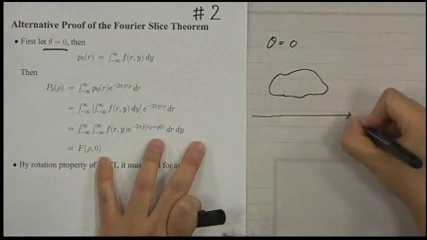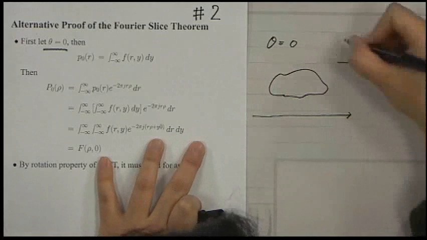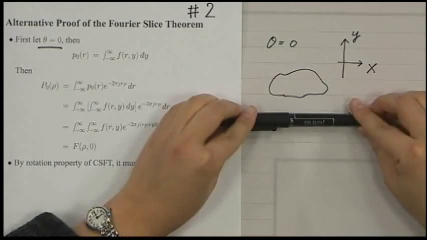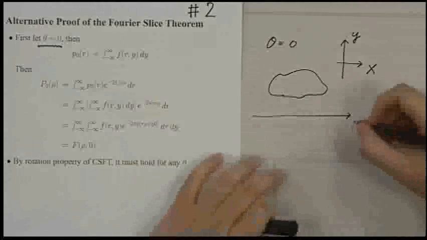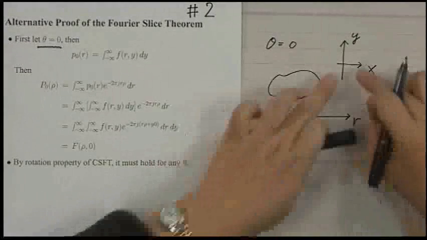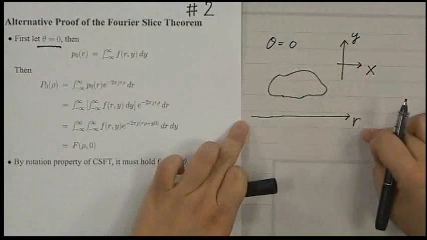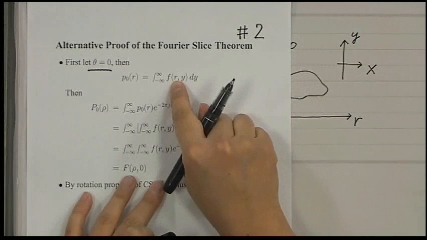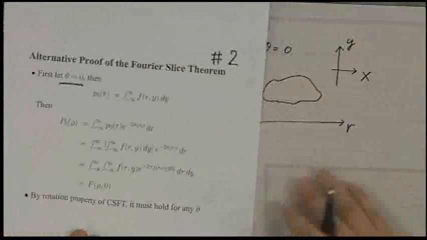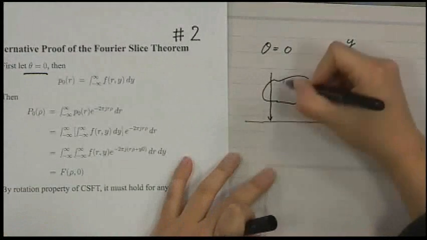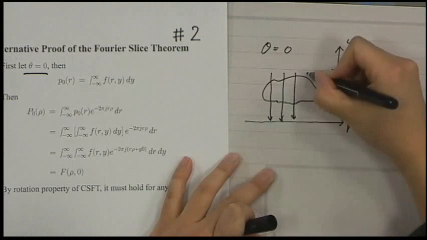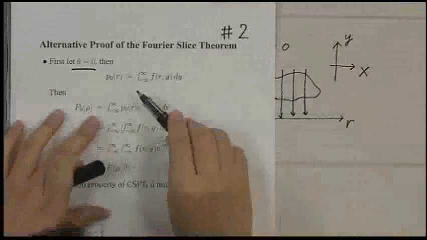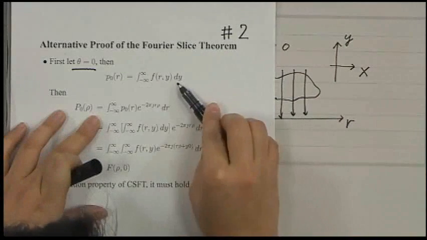Actually, this is x, this is y. But we are considering the line with angle 0. So this axis r is actually the same as x. That's the reason why x is replaced with r. And then we take a projection along the y-axis, so we are taking an integral over y.